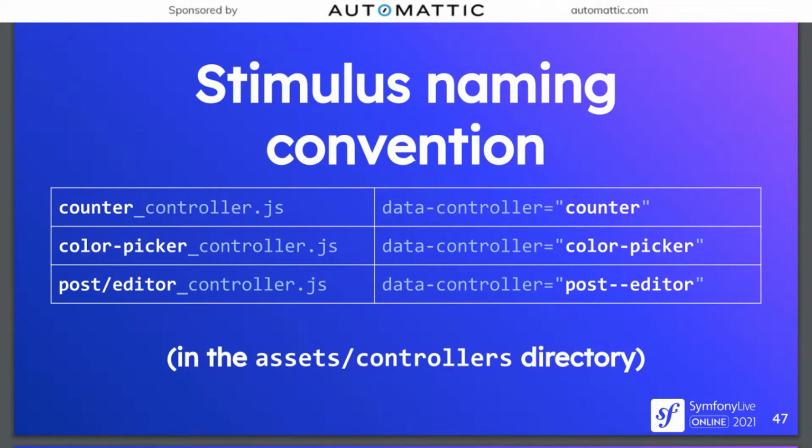When we have counter_controller, it's data-controller equals counter. Color-picker stays color-picker. And if you have a subdirectory, so post/editor, it becomes post--editor. By having this convention, we can refer to our controllers inside our assets directory.